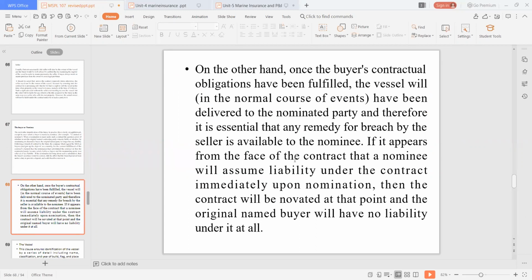If it appears from the face of the contract that the nominee will assume liability under the contract immediately upon nomination, then the contract will be novated at that point, and the original named buyer will have no liability under it at all. So that is the buyer or nominee.